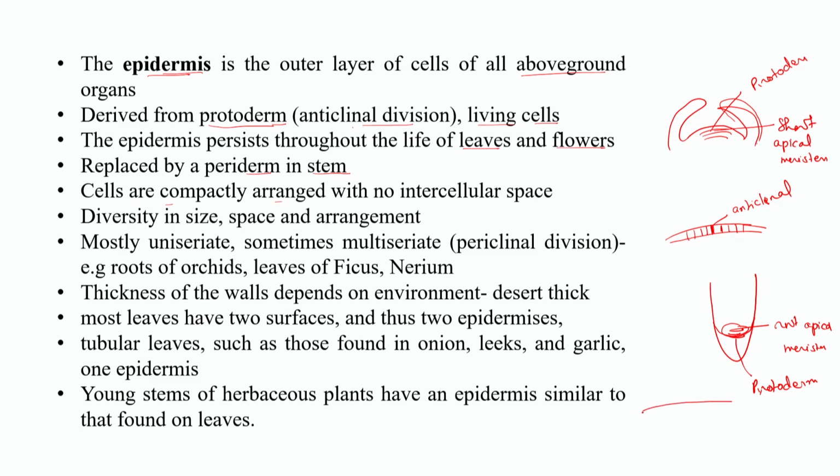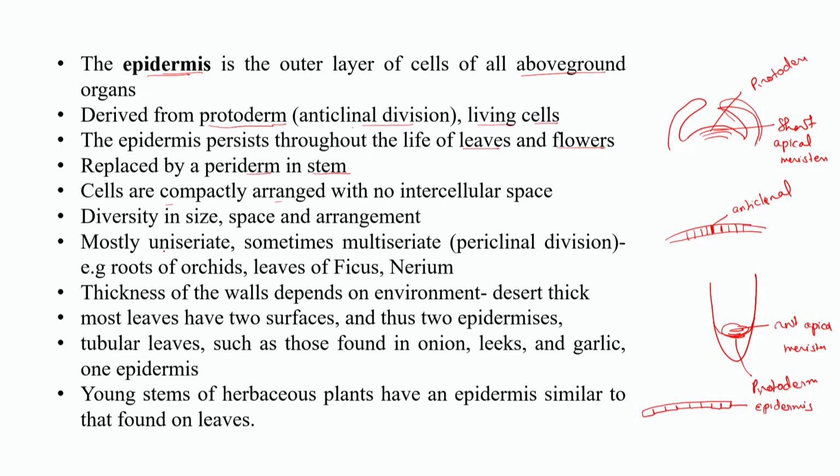Suppose this is the outermost layer, and this is the epidermal layer. Now you can see here that the cells are compactly arranged and they don't have any intercellular spaces, because if spaces are there, they won't act as a proper protecting layer or as an outermost layer.